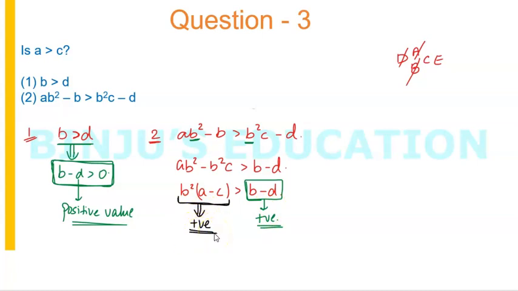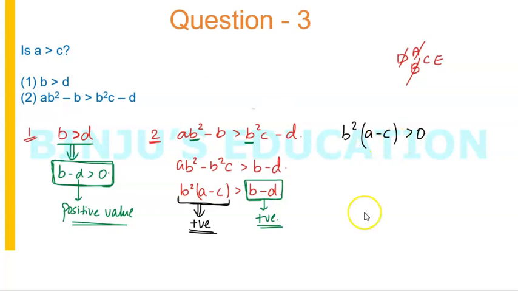Can I say B square into (A minus C) has to be positive? It can't be 0, it can't be negative, because B square into (A minus C) is greater than B minus D, and B minus D is already positive. So B square into (A minus C) is greater than 0.